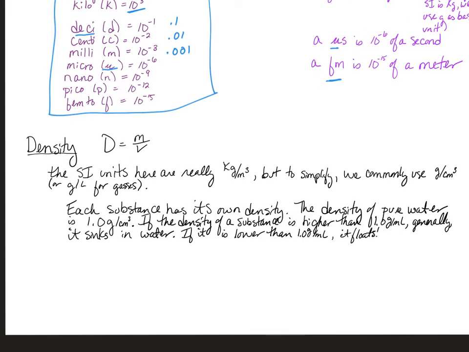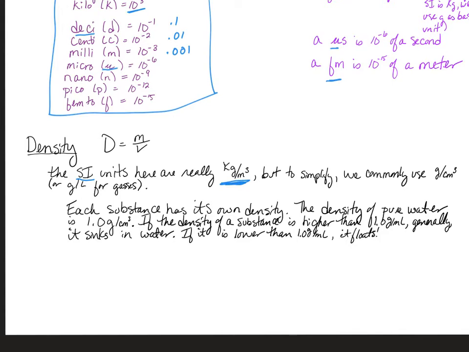Now, all this is important in many different ways that we're going to use them in the future. But one of those types of measurements that we're going to use is that of density. Now, density, the SI units for this is technically kilograms over meter cubed.